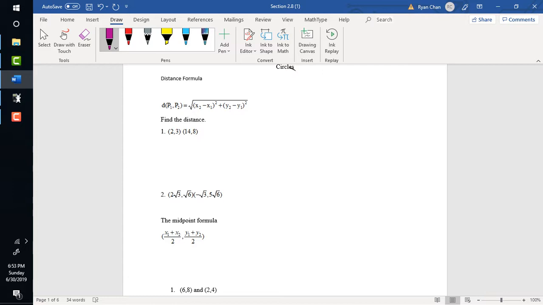The idea is, if I look above right here, it's x2 minus x1 squared plus y2 minus y1 squared. Like with slope, I can label each one: my first one is x1, y1, and my second one is x2, y2, kind of like how we calculate slope. And then I'm going to use my formula.